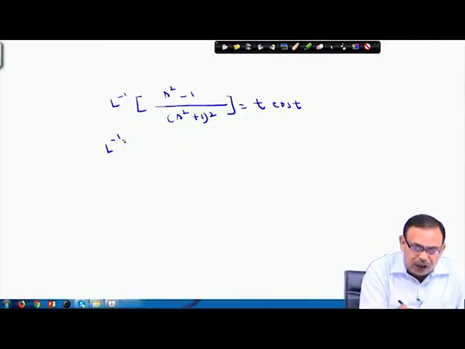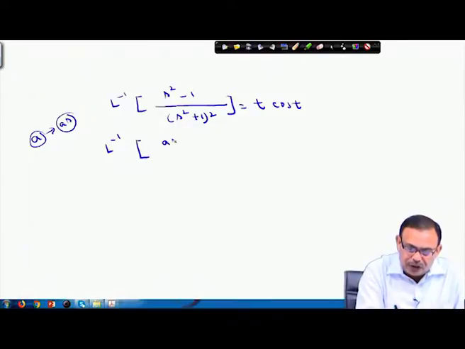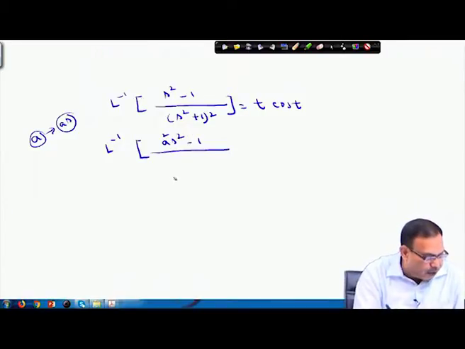So, the Laplace inverse, if I replace s by a s.